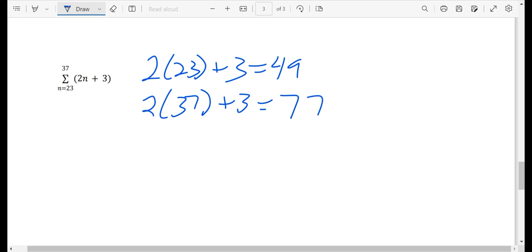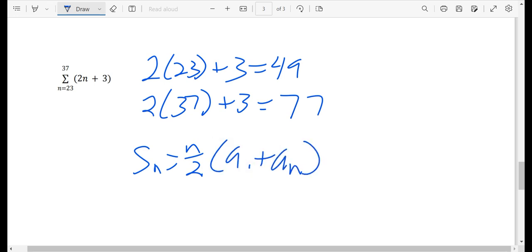So what does that mean for us? So I can use that formula 1, that it's s sub n equals n over 2, parentheses a sub 1 plus a sub n. A sub 1, as we went over, is 49. A sub n is 77. And this is going to trip people up because you're going to think, oh, it's going to be this number minus this number.